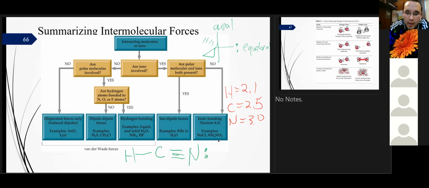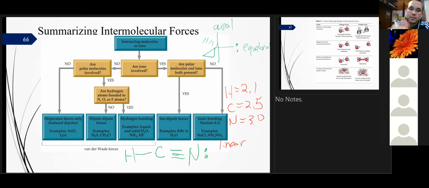Linear. So it's linear. And so when we look at each of those bonds and we start to talk about bond polarity, between hydrogen and carbon, which direction should that arrow be going? To the left. So is it going from the carbon to the hydrogen or the hydrogen to the carbon?